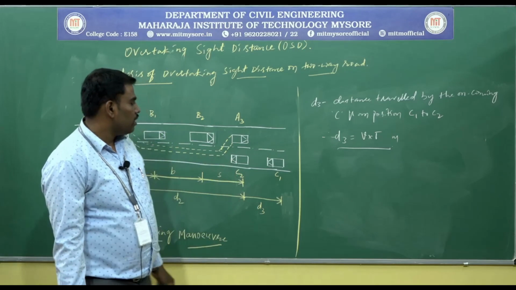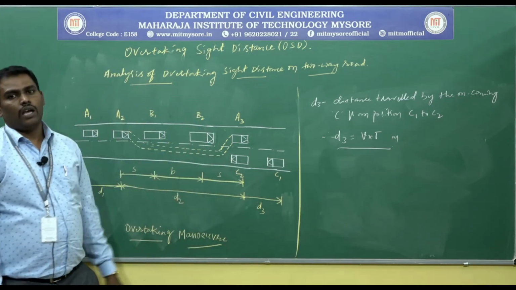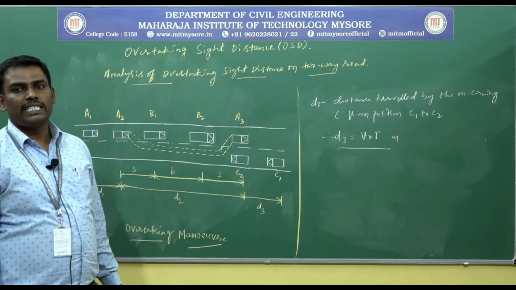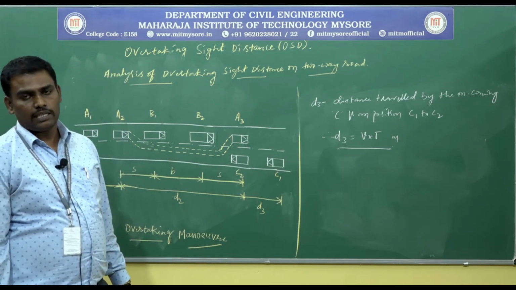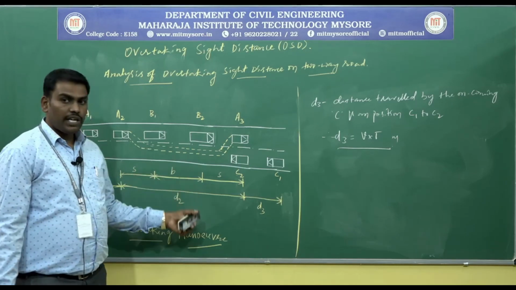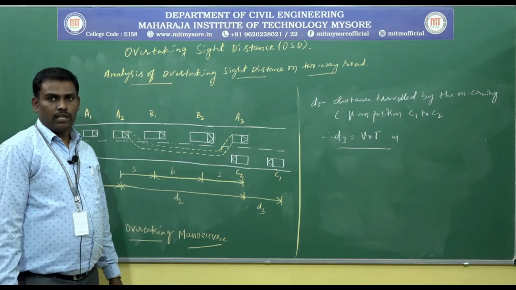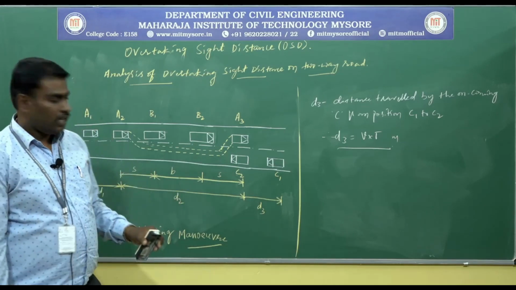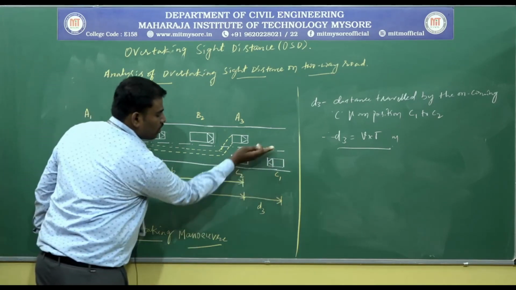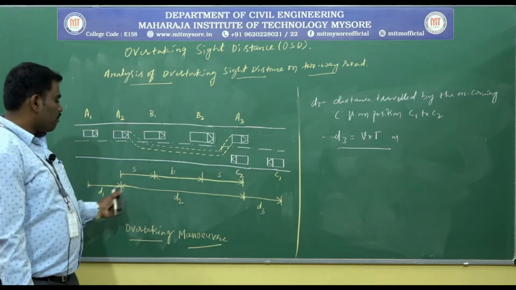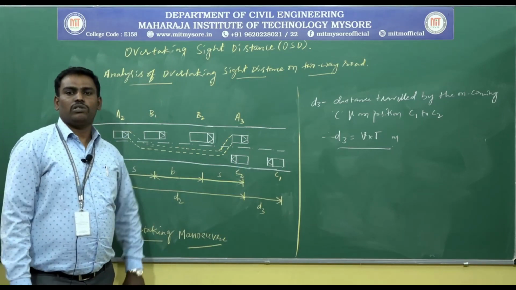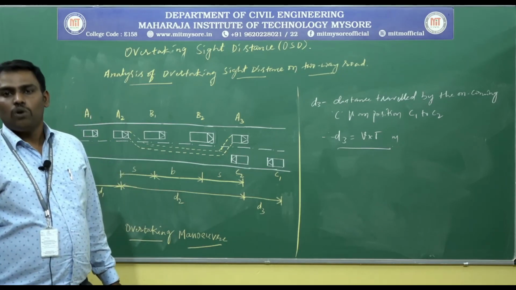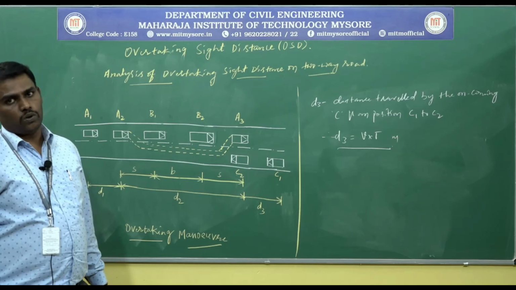Then for two-way traffic on a two-lane road, the overtaking sight distance is the sum of d1, d2 and d3. If it is one-way traffic on a two-lane road, then there is no d3; only the sum of d1 plus d2 will give the overtaking sight distance for one-way traffic on a two-lane road.